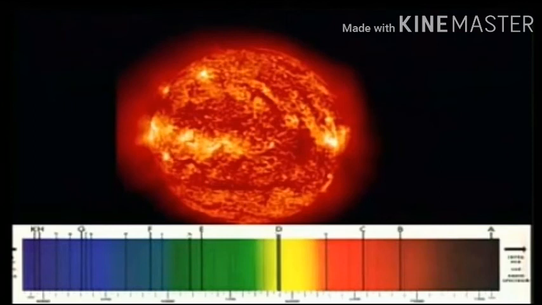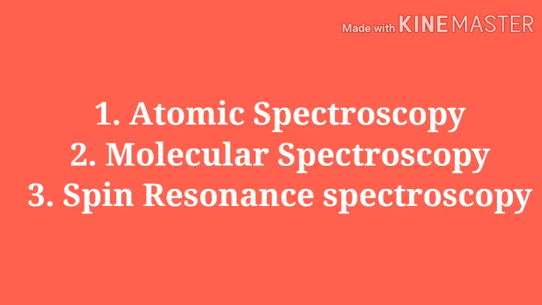Those frequencies that are absent in the spectrum give us information about some compounds that are present inside the Sun, which absorb these radiations. So these absorptions in the spectrum give information about the composition of different kinds of materials within the Sun. And we have a large range of spectroscopic techniques.